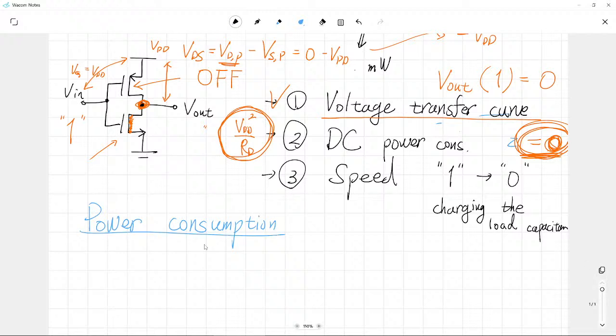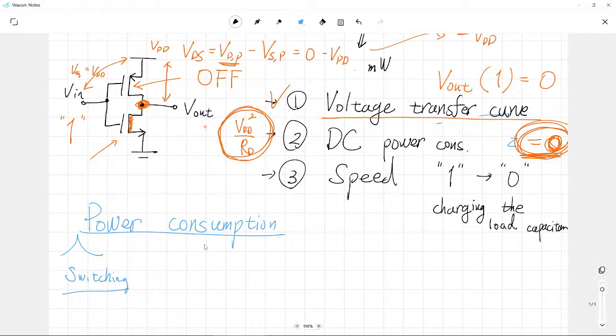Power consumption has been discussed already in the case of our CMOS inverter and NMOS inverter. So why do we care about power consumption again? In this case, we want to talk about switching power consumption.